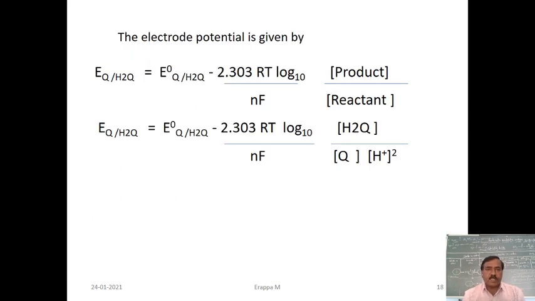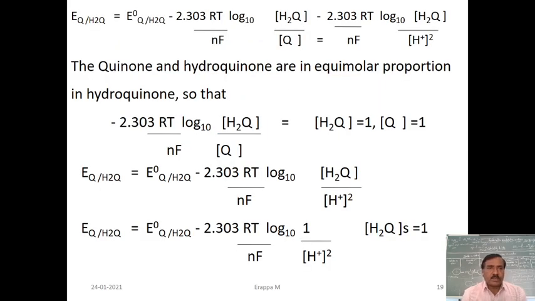The electrode potential is given by E of quinhydrone is equal to E naught of quinhydrone minus 2.303 RT by nF log of products by reactants, that is log of H2Q divided by Q and H plus whole square.